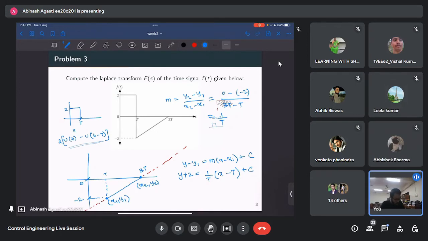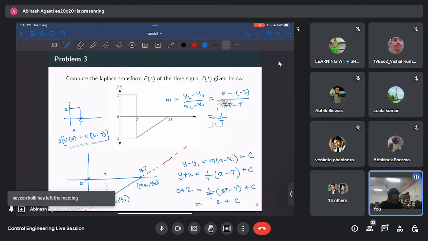Then how do we find c? We plug in another point, say x2, this 0, 3t comma 0 I'll plug in. 0 plus 2 is equal to 1 by t into 3t minus t plus c. So this is 2 plus c. So we find that c is equal to 0. Right?